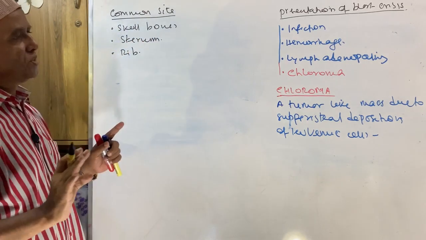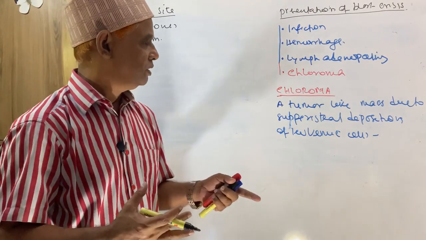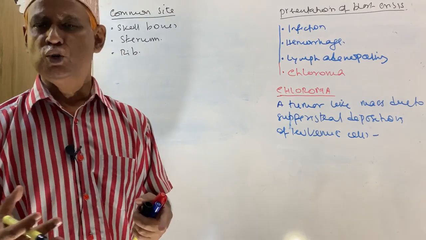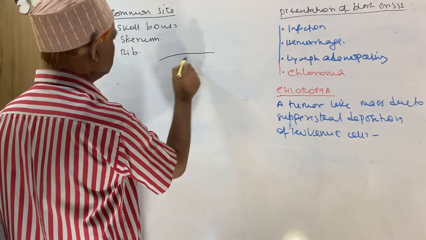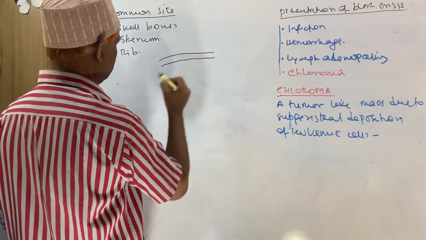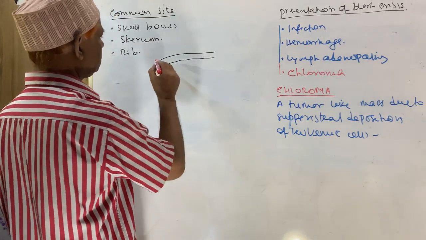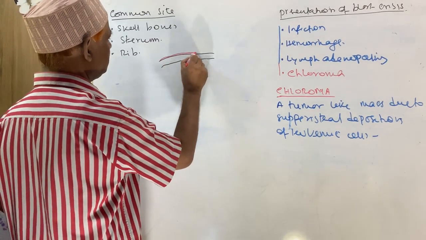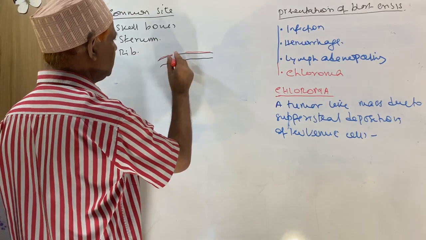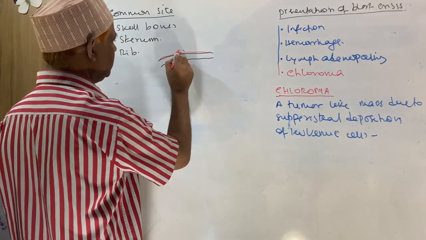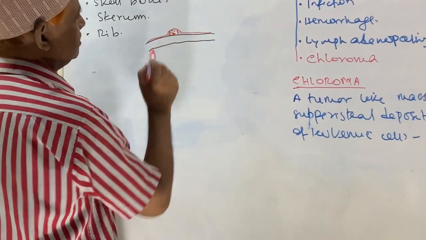Whatever may be the site of chloroma, it is nothing but a tumor-like mass due to subperiosteal deposition of leukemic cells. If this is a rib and this is the periosteum, there will be subperiosteal collections of leukemic cells giving rise to a mass, and this mass is known as chloroma.